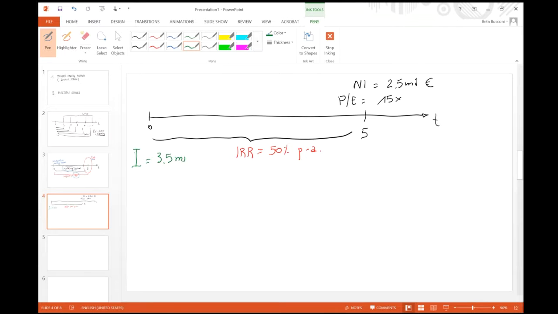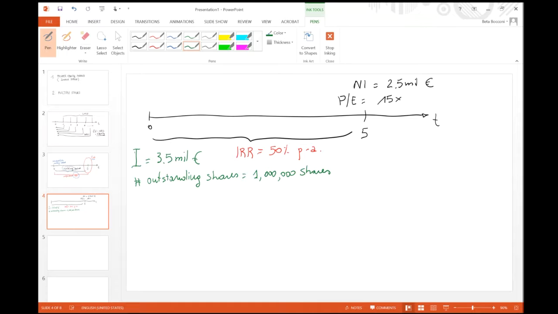So we have decided to allocate 3.5 million euros to this investment, and the number of outstanding shares that are in the hand of the founding members, the existing shareholders of this company, is 1 million shares, sorry.